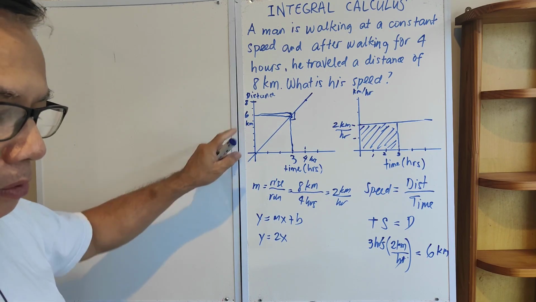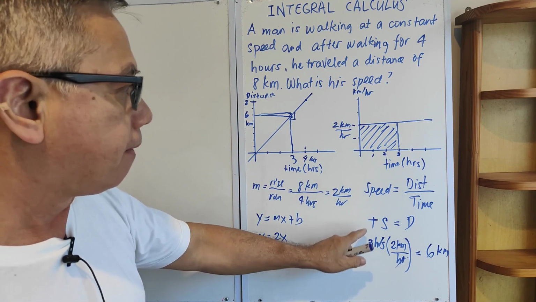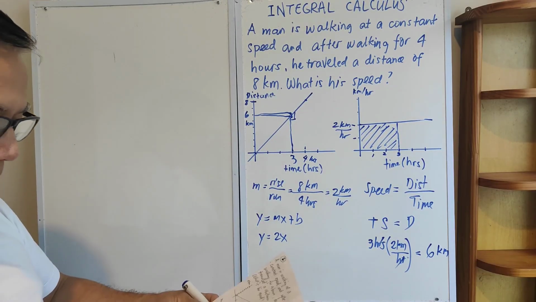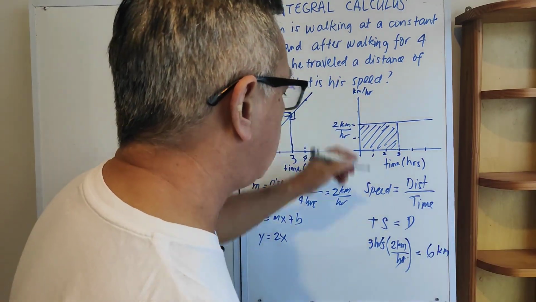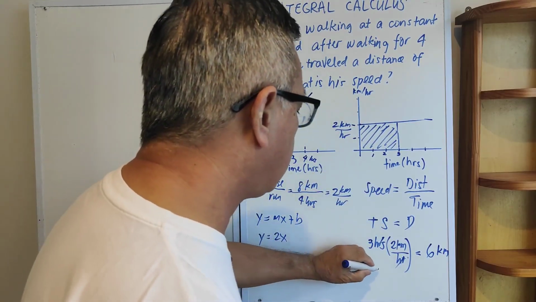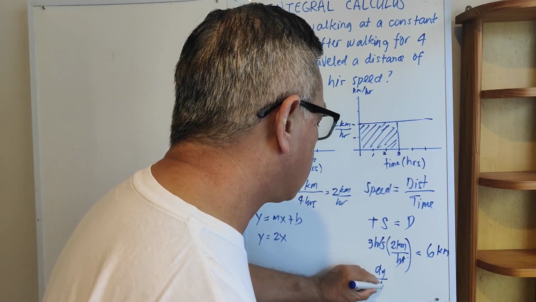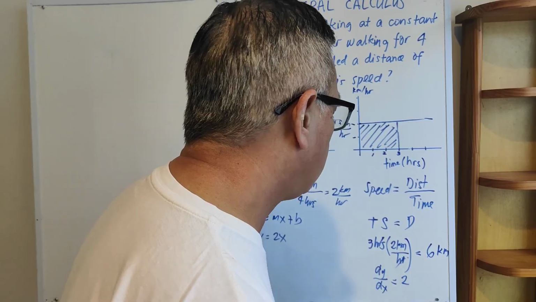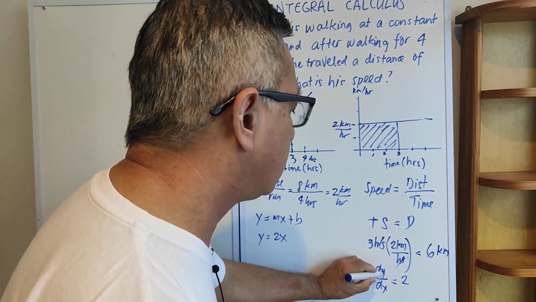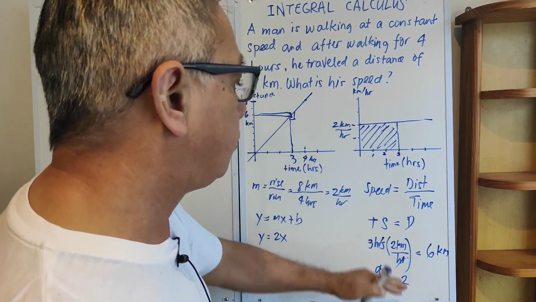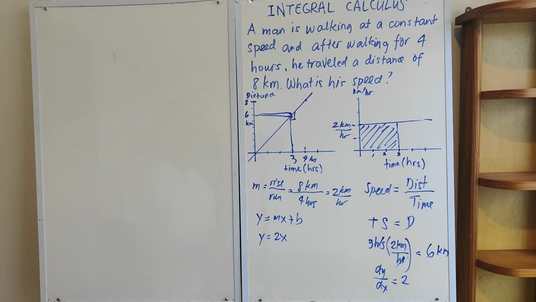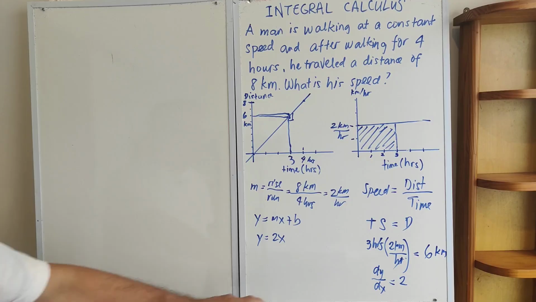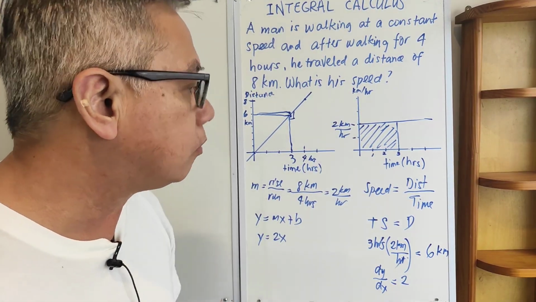So we still have the same slope. The slope is dy over dx, which is equal to 2. This is your slope, this is your equation, dy over dx is equal to 2. So we have dy over dx as our slope.